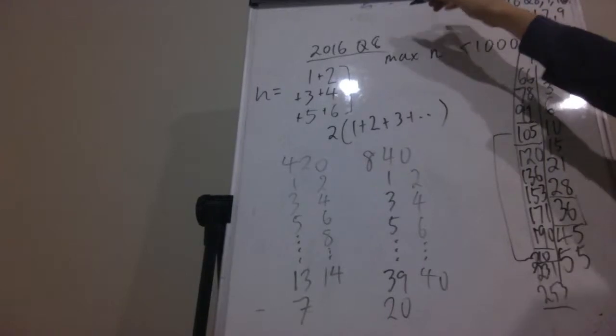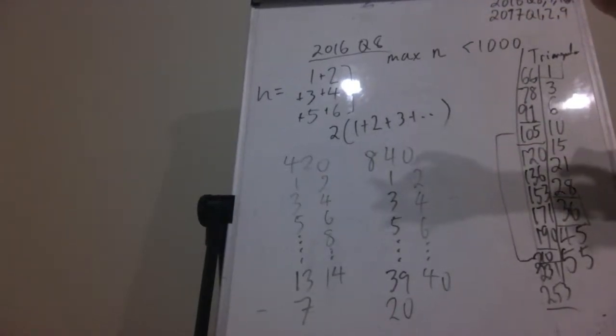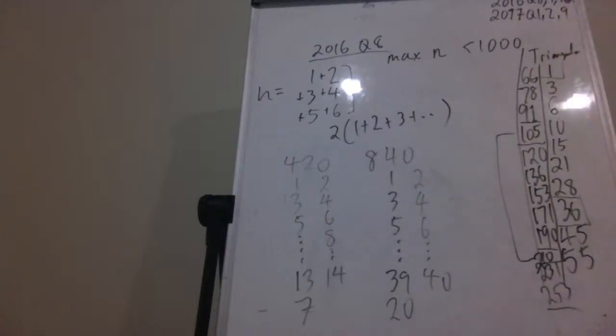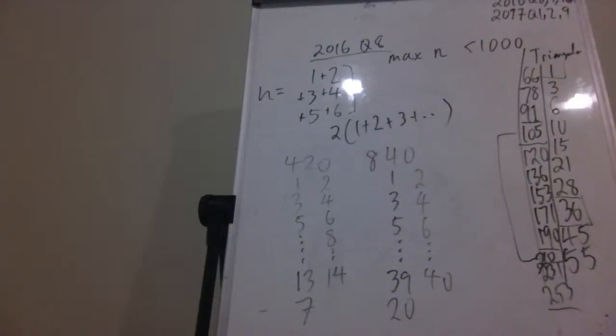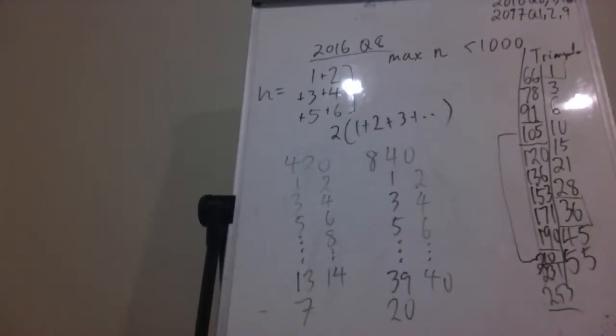We can check it really easily because it has to be 2 times the square in itself. The one below it can't be 2 times the square, so the one below has to be one of those. So you can just quickly check that.